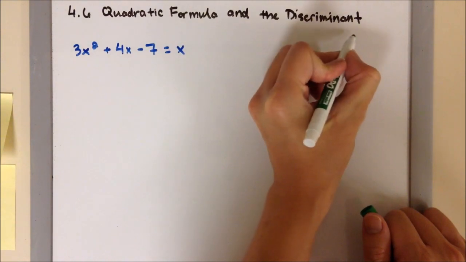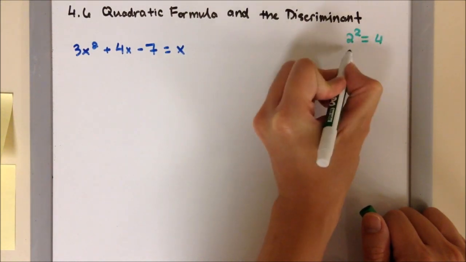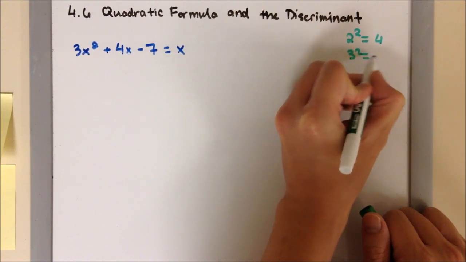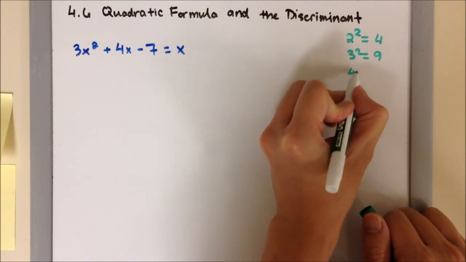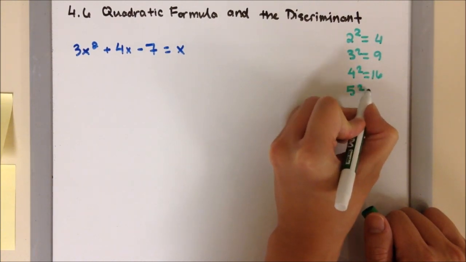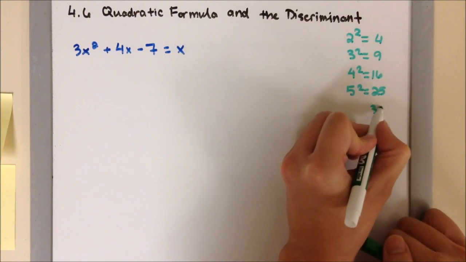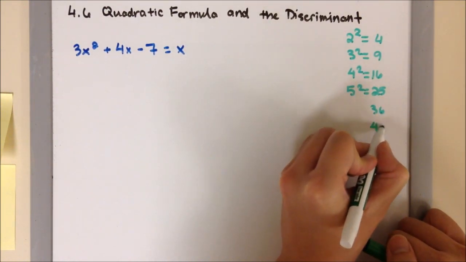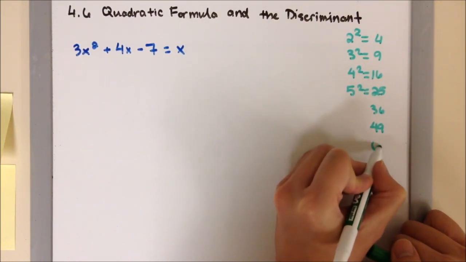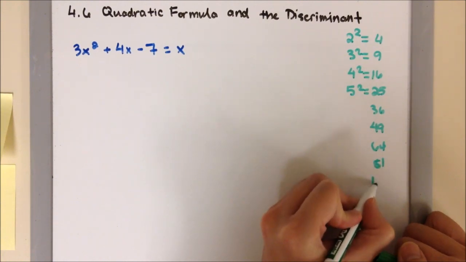So I'm going to review with you. Remember, 2 squared is 4, 3 squared is 9, 4 squared is 16, 5 squared is 25, and so on. So 36, 49, 64, 81, and 100.